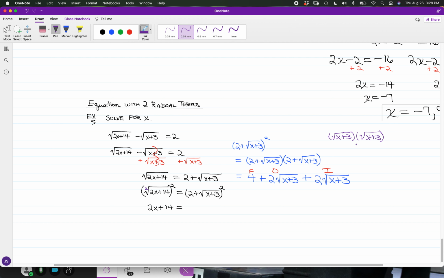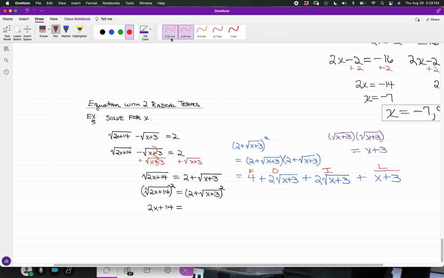Anytime you have a repeating term, that's just going to go to x plus 3. Like the square root of 4 times the square root of 4 would go to 4. So we have 2 terms in the last product.